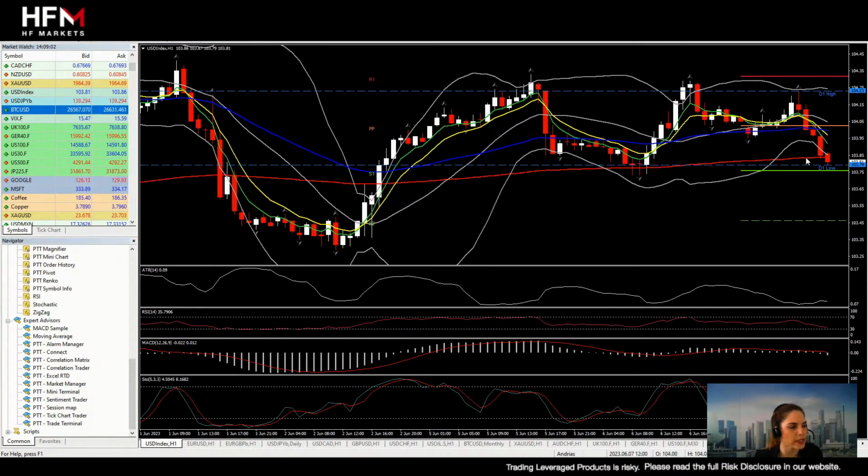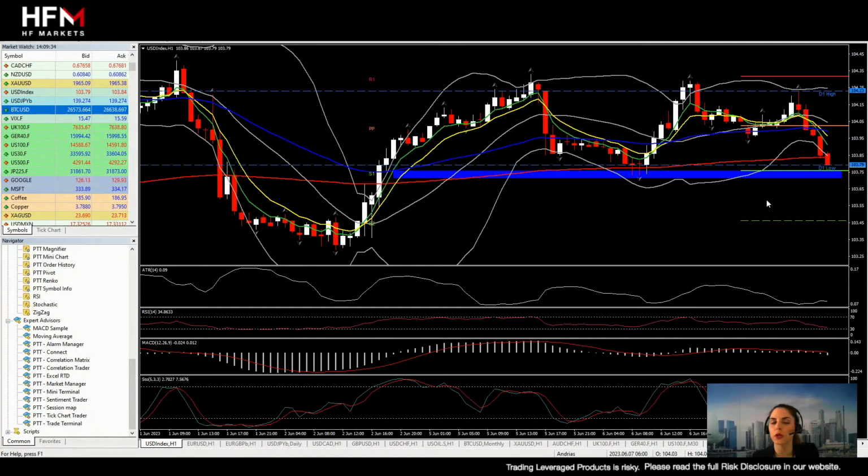Currently, as you can see in this 1-hour chart, the dollar index is hovering above the first support of the day and the 103.80 level, which has provided a bit of support, at least for the current week, to the dollar index.